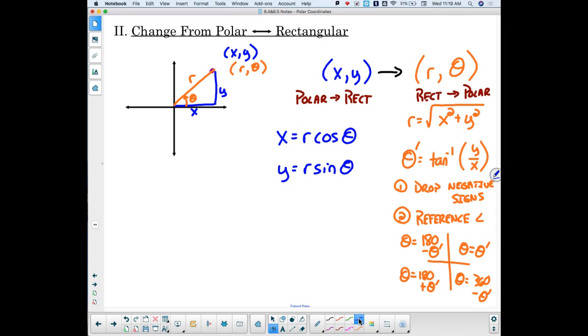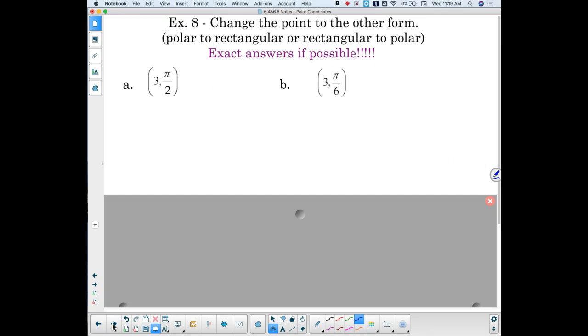Reminds me of vector math, right? Vectors, all the time. Love it. So, what I want to do now is change the points to the other form. So 1, you've got to recognize what form you are in. 2, we need to put that stuff away. 3, we need to give exact answers if we can.